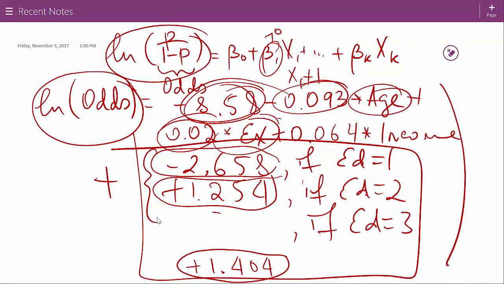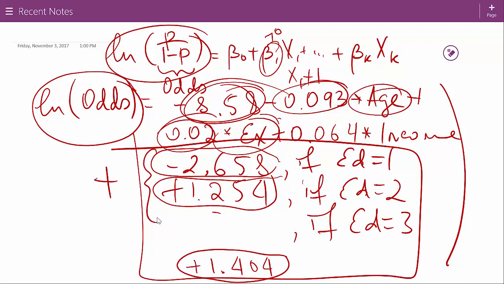Why? Because, remember we discussed that a positive slope or positive number in the logistic regression increases the probability, and a negative slope or negative number decreases the probability, or odds. So basically what I'm looking for is the highest positive number, simple as that. That means it increases the odds more than anything else.